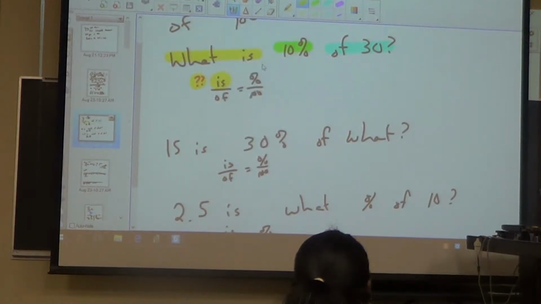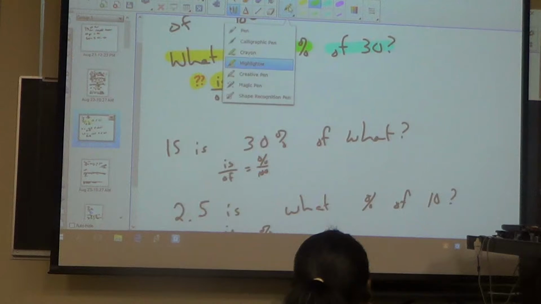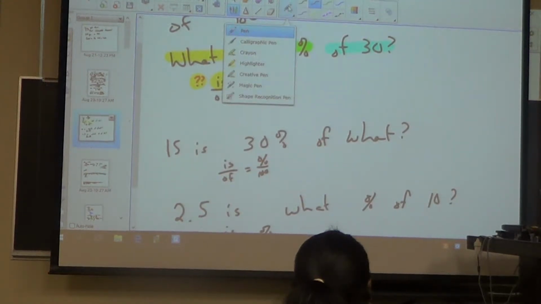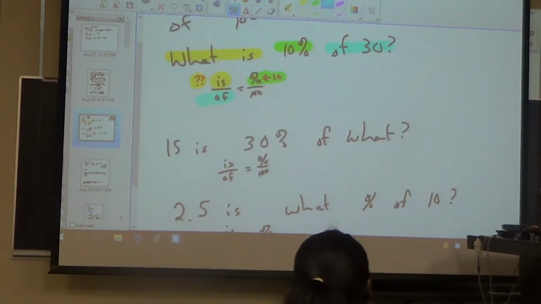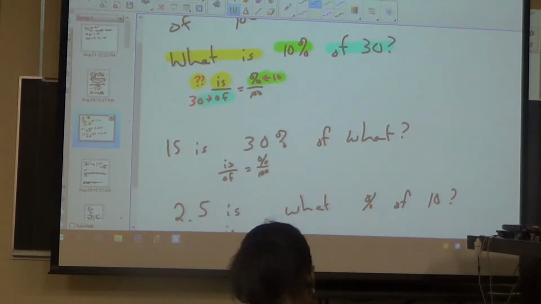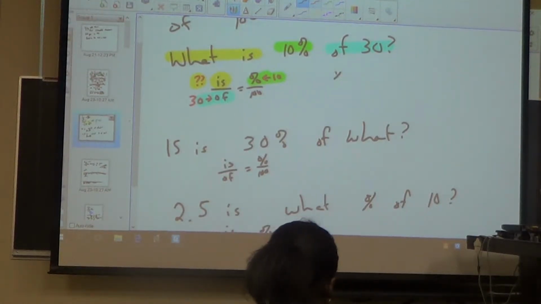Your percent is going to be 10. And your of is going to be 30. And percent is always over 100, because if you make a 30% on a test, it's 30 out of 100. So my problem is x over 30 equals 10 over 100.